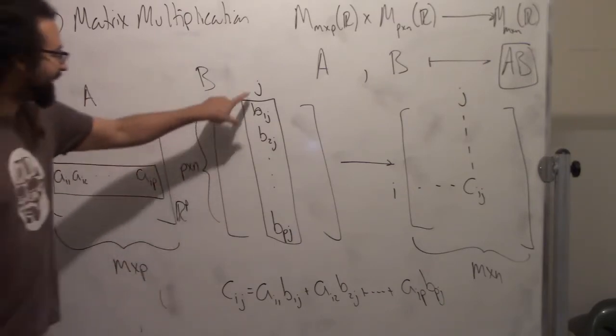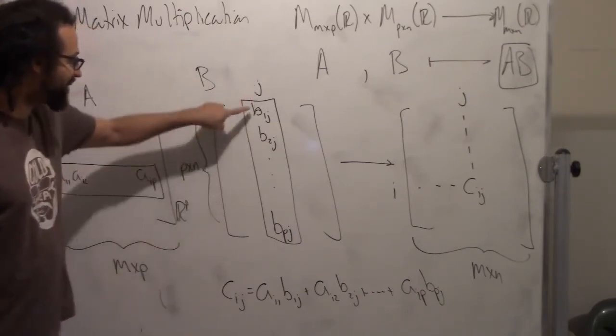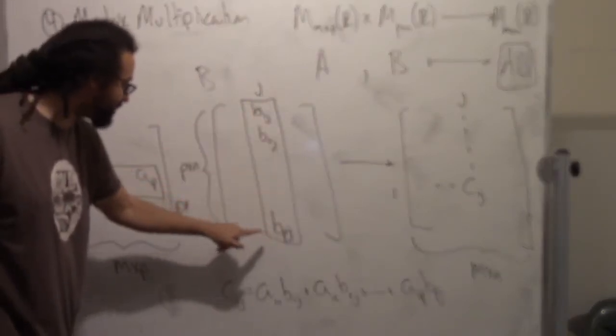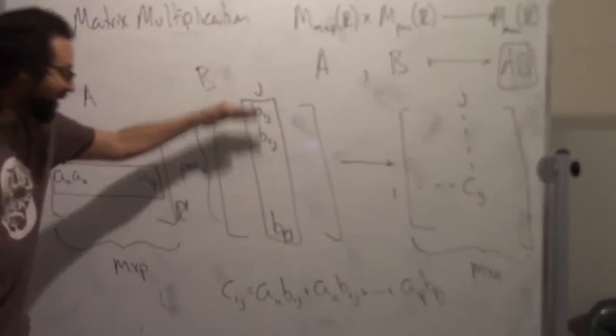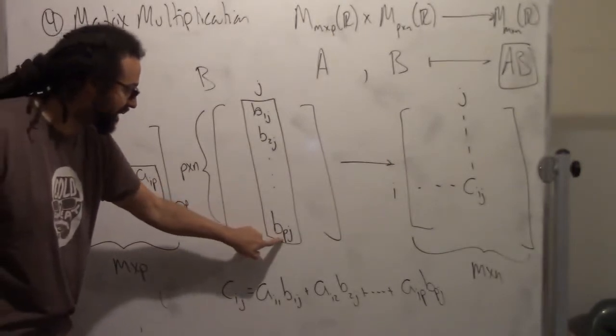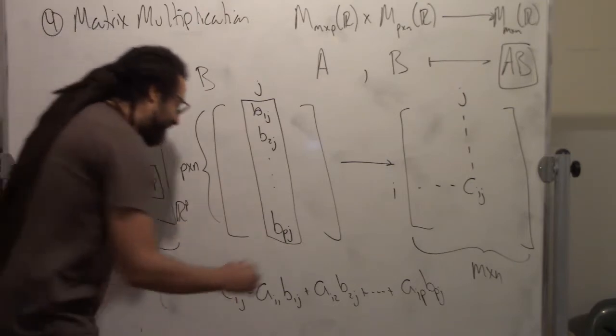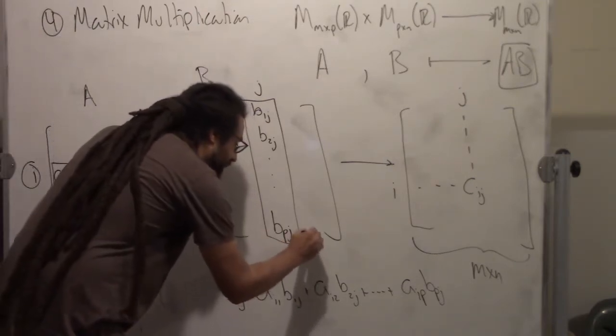And then look at the jth column of B. This is b_1j, b_2j, up to b_pj, because there are p rows, and the first coordinate counts the rows. So this too is an element of R^p.